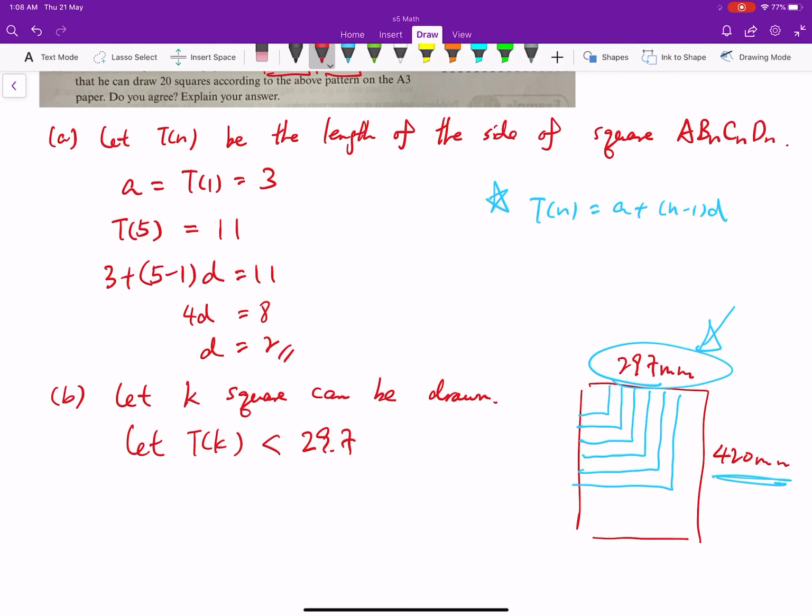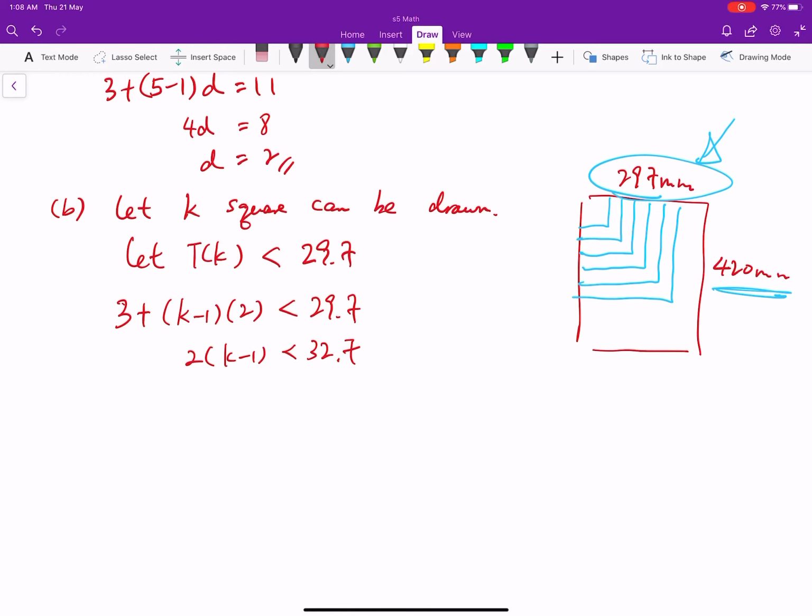Now we change to an inequality. Then we make use of the formula. a is actually 3. So sorry, write a again. So a plus k minus 1 d, and then it's smaller than this one. So we get 2k minus 1 smaller than 32.7, and then you get k minus 1 smaller than 16.35, right?